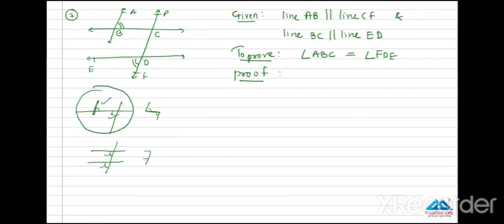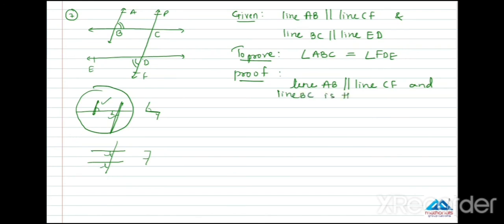We will take this angle first, alternate angle. AB parallel to CF, line AB parallel to line CF and BC is there transversal. We have to take AB parallel to CF and BC is the transversal.